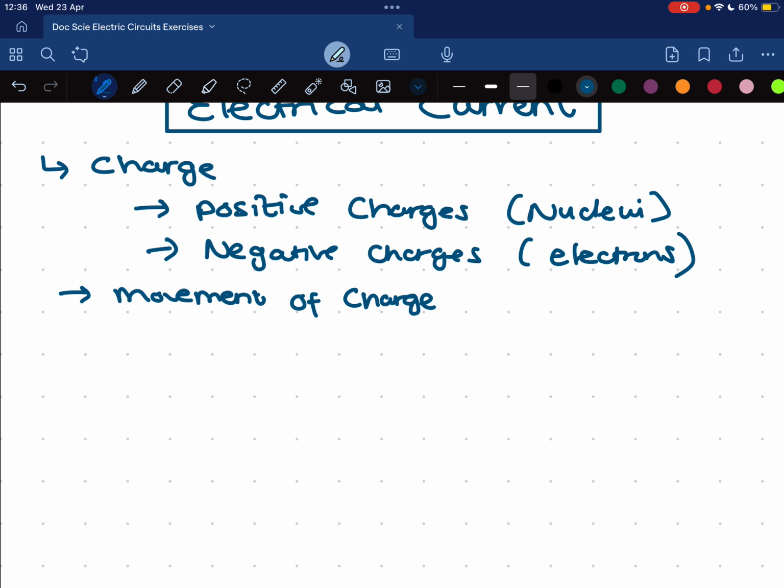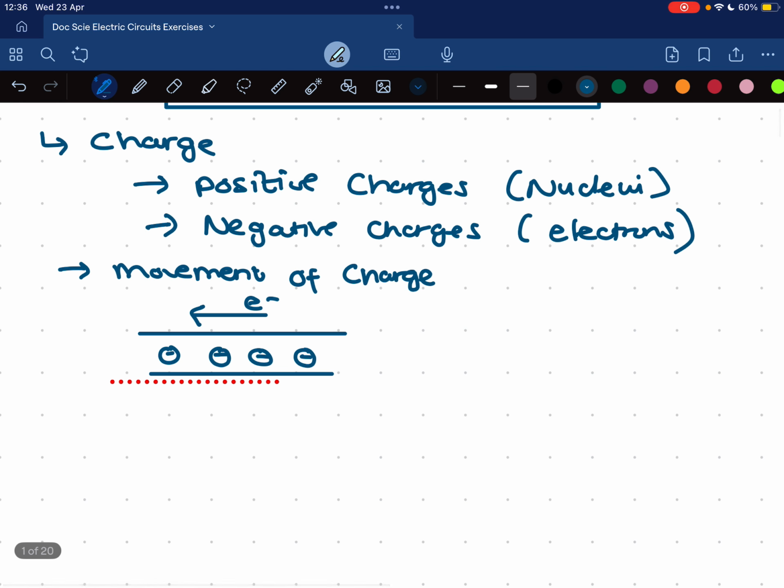Okay, so when electrons flow through a conductor, these negatively charged particles will move from one side of the conductor to the other side of the conductor. That generates what we refer to as current.